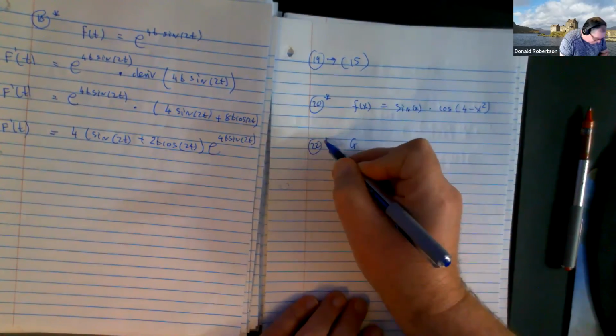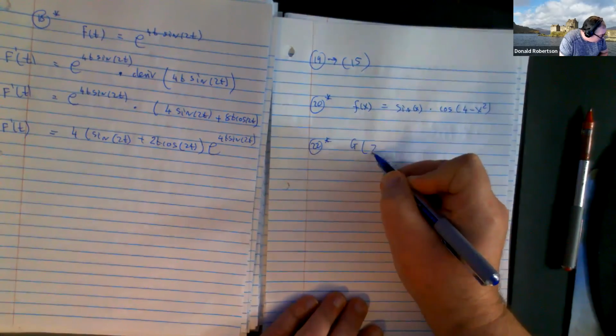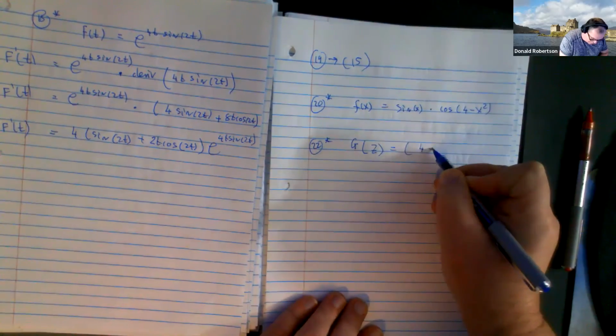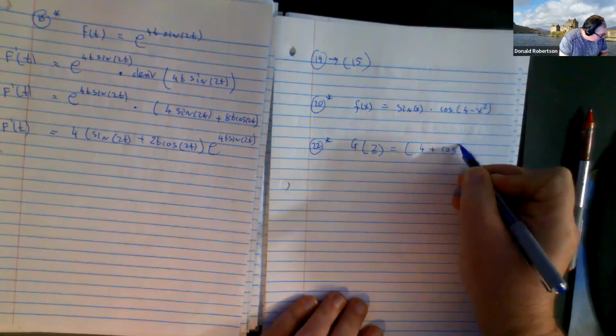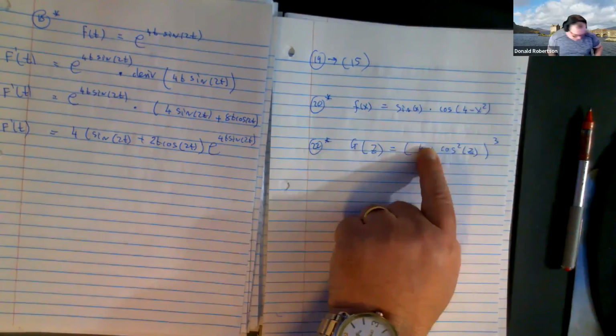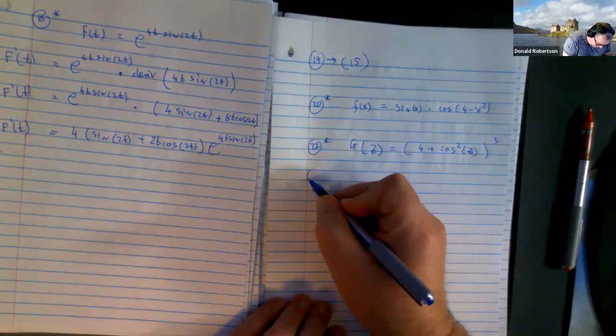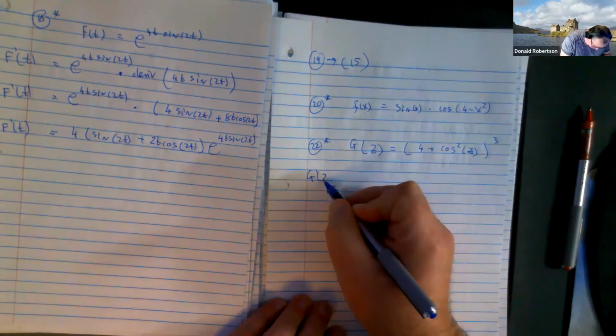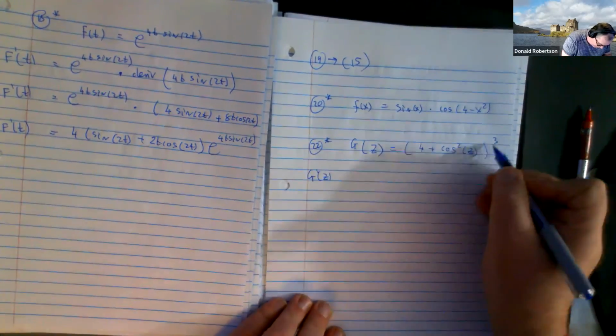If you were being asked to differentiate this guy, wouldn't this be a chain rule? So the derivative would be something cubed, so 3 something squared.